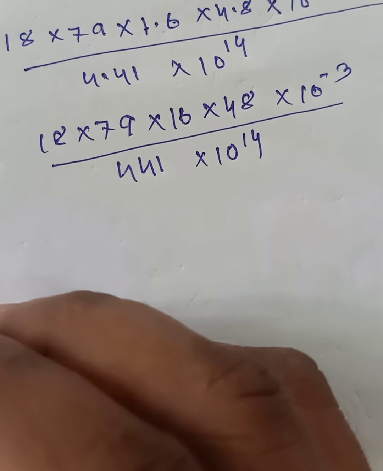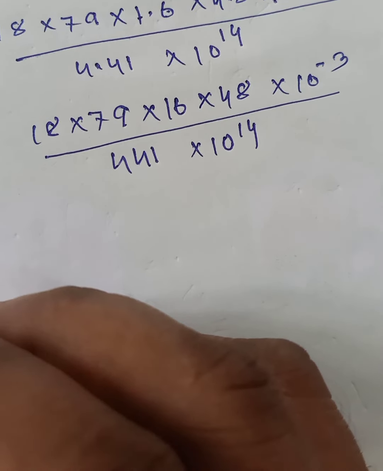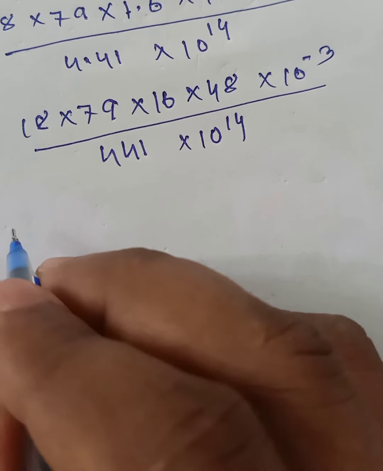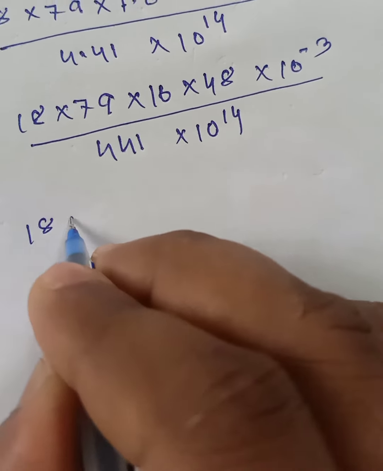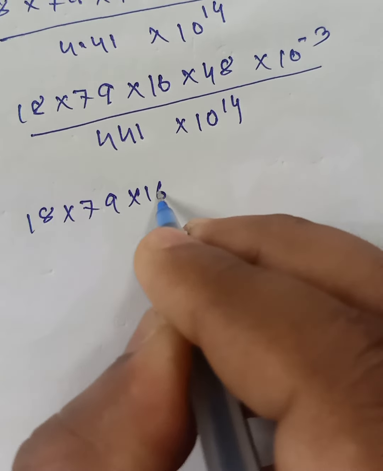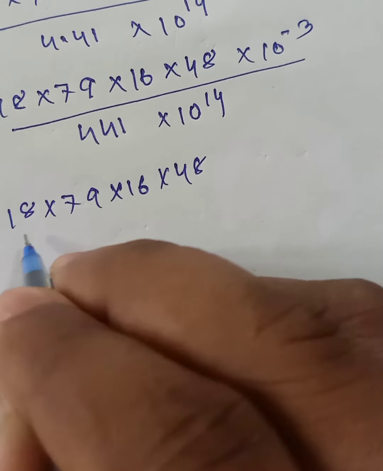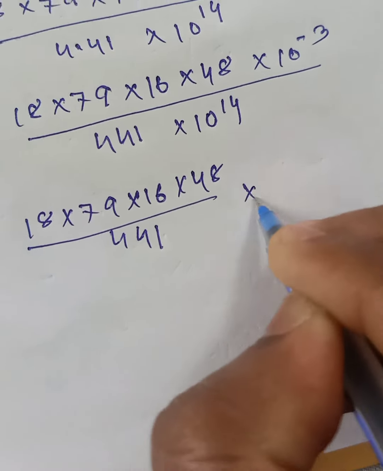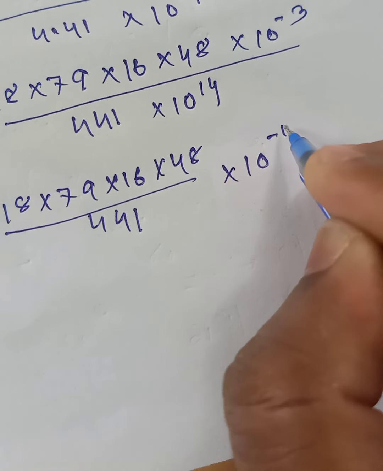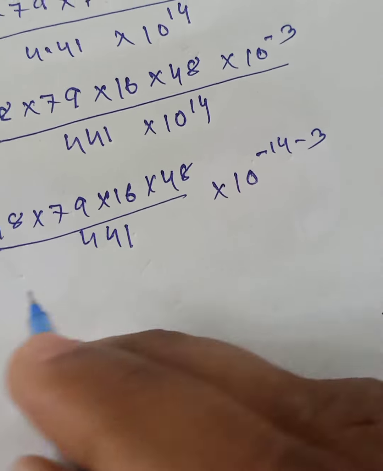So R0 equal to 18 into 79 into 16 into 48 divided by 441, with 10 to the power minus 14 minus 3.